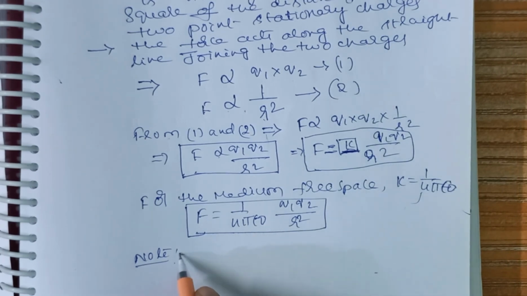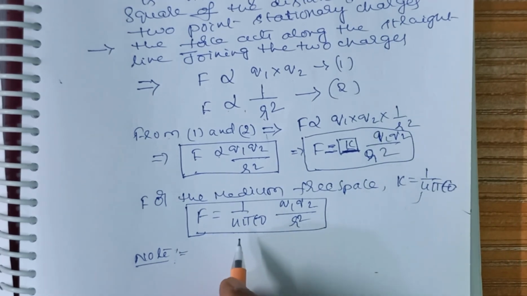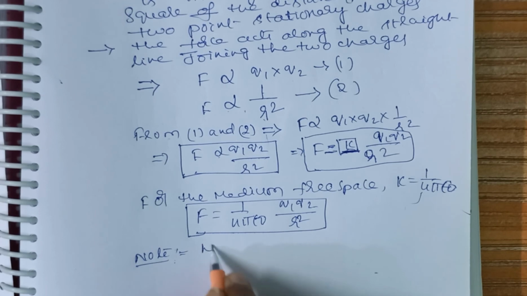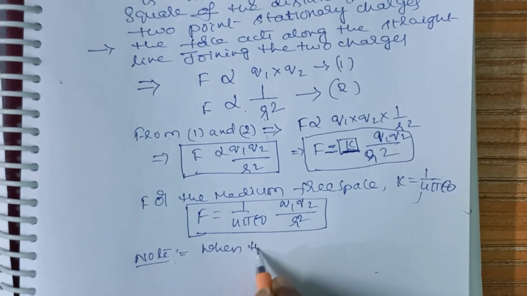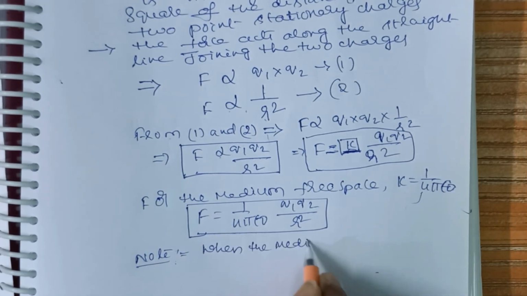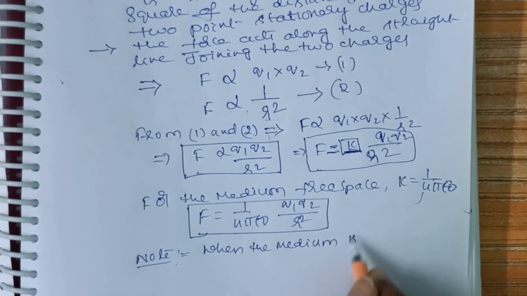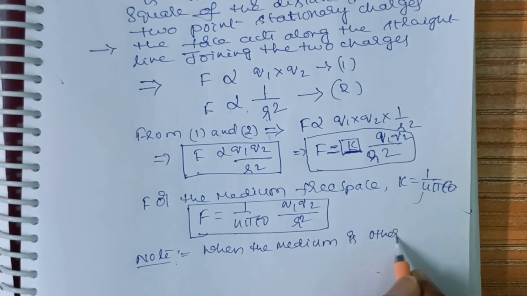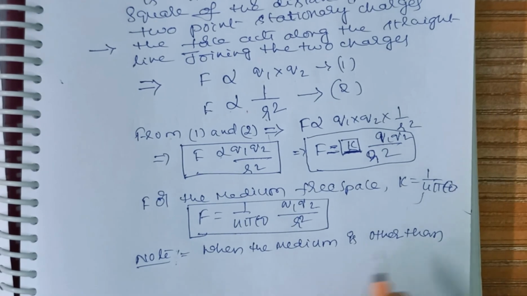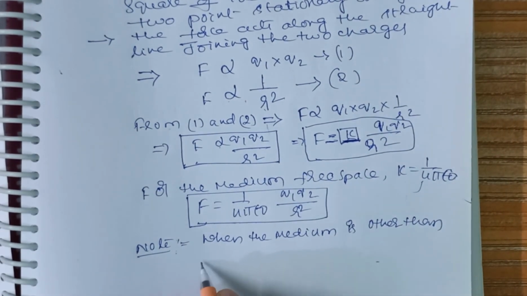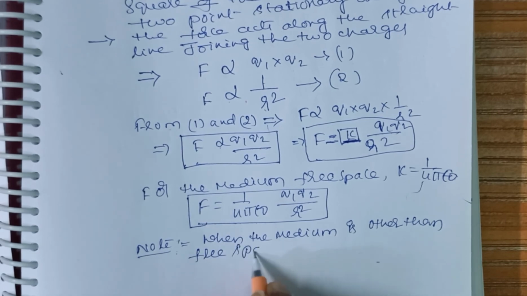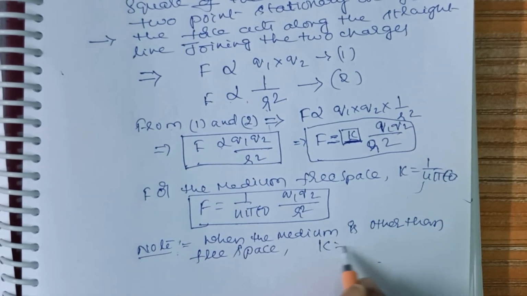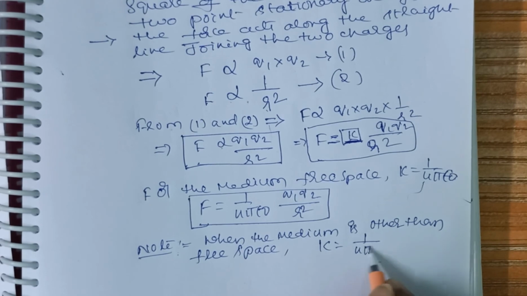In the case where the medium between Q1 and Q2 is other than vacuum, other than air, that is, other than free space, then k is taken as 1 by 4 pi epsilon.